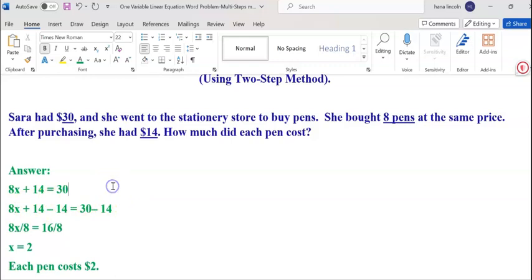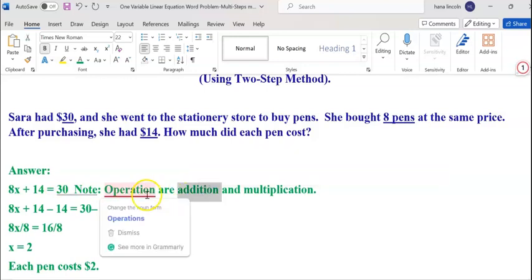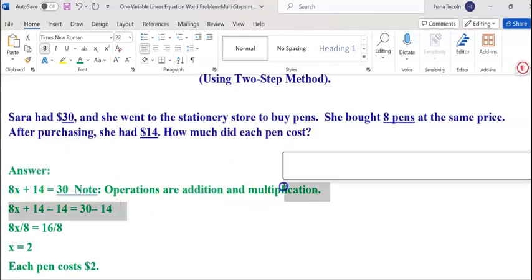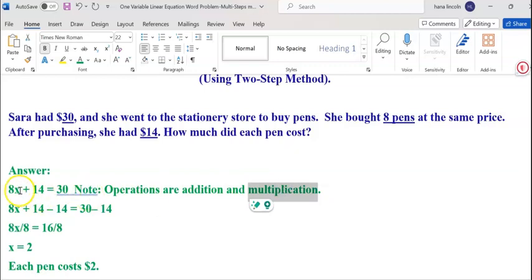Just to give a note, here we have operations of what? The operations are addition and multiplication. The addition is right here, and the multiplication is 8 times x, right?